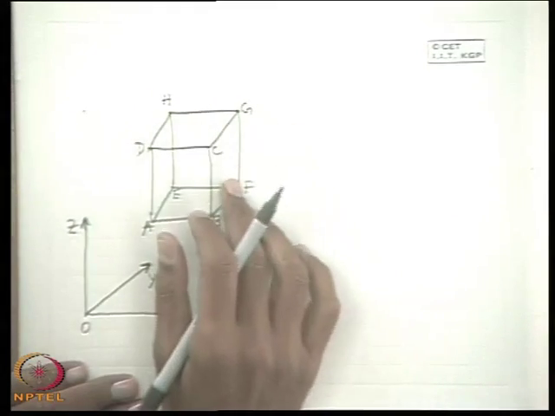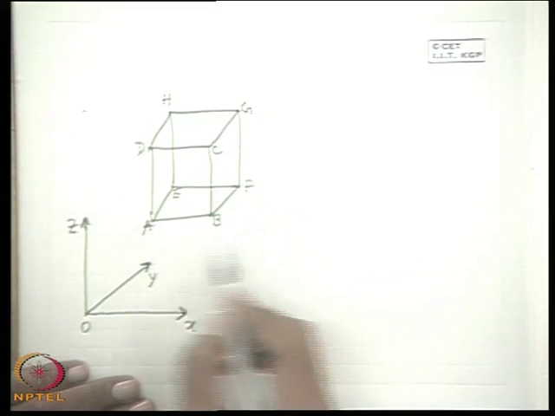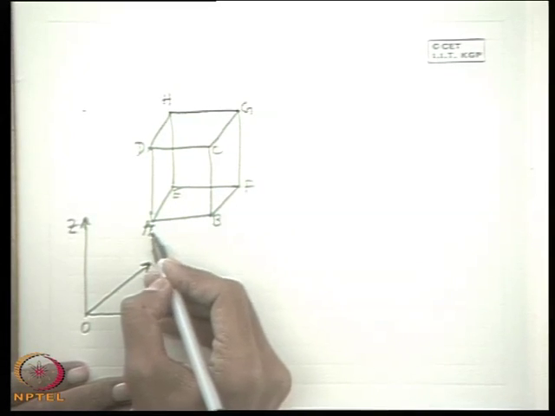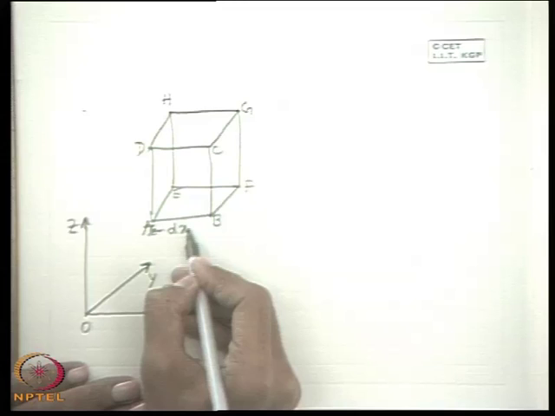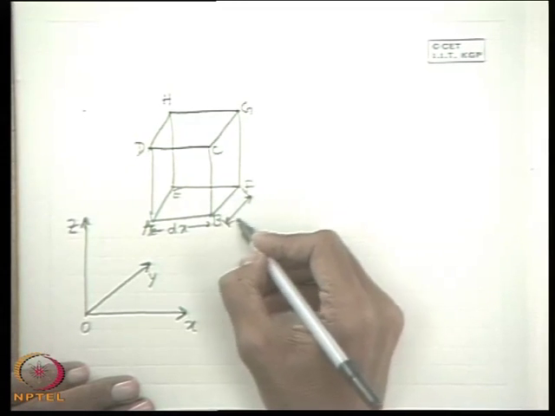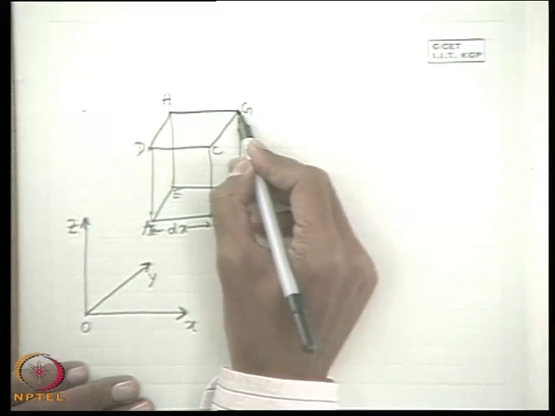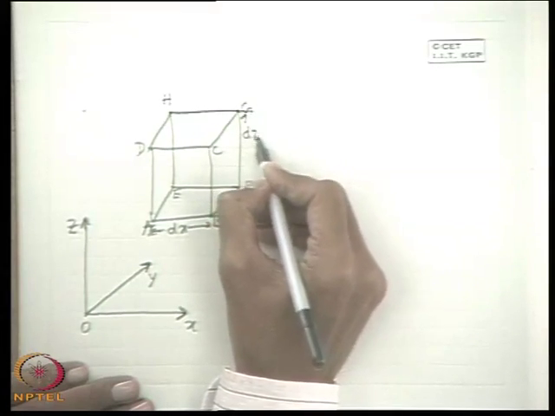It is an imaginary boundary which one can choose depending upon the need of the problem. Let the dimensions be dx in this direction, dy, and let this be dz.